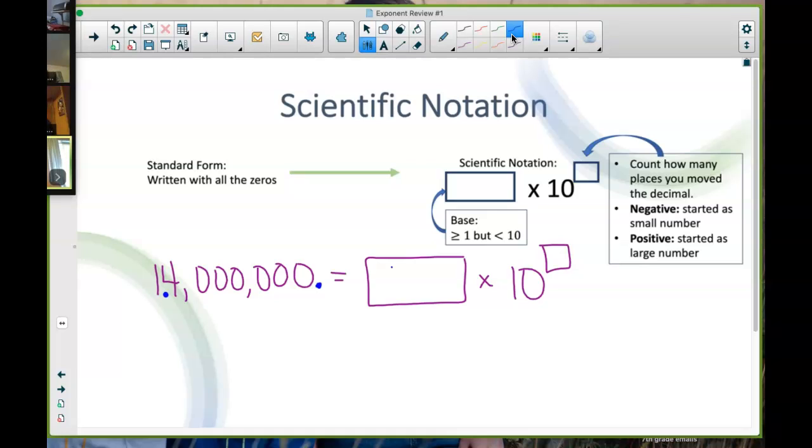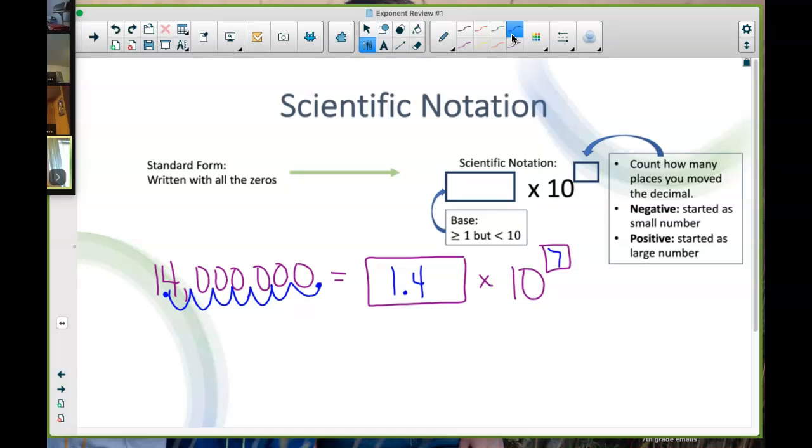So it becomes 1.4. Remember that base number has to be greater than or equal to 1, but less than 10. And then the exponent, you count how many places you moved the decimal. We moved the decimal 1, 2, 3, 4, 5, 6, 7 places.